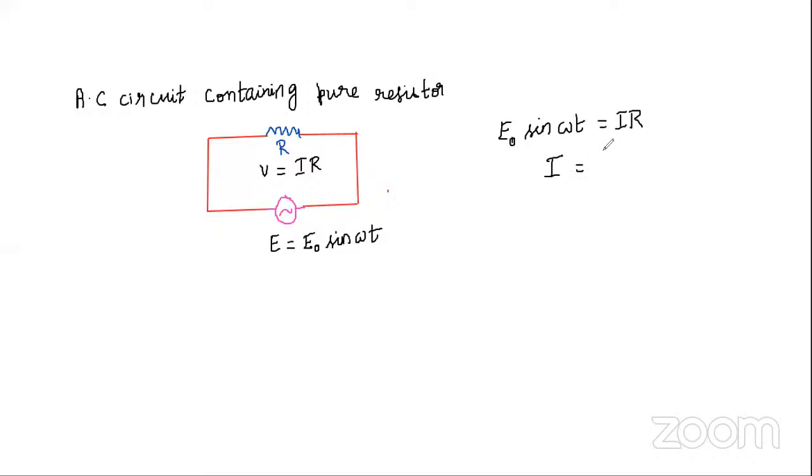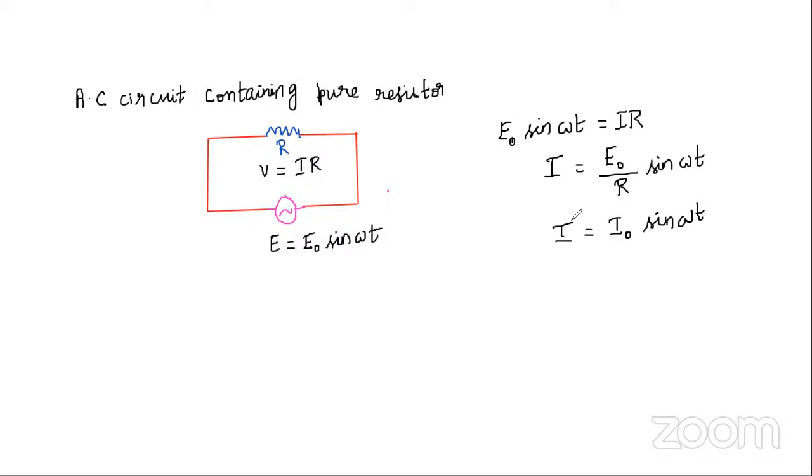find out the value of current. So I equal to E naught by R sin omega t, and this E naught by R is otherwise called I naught sin omega t.